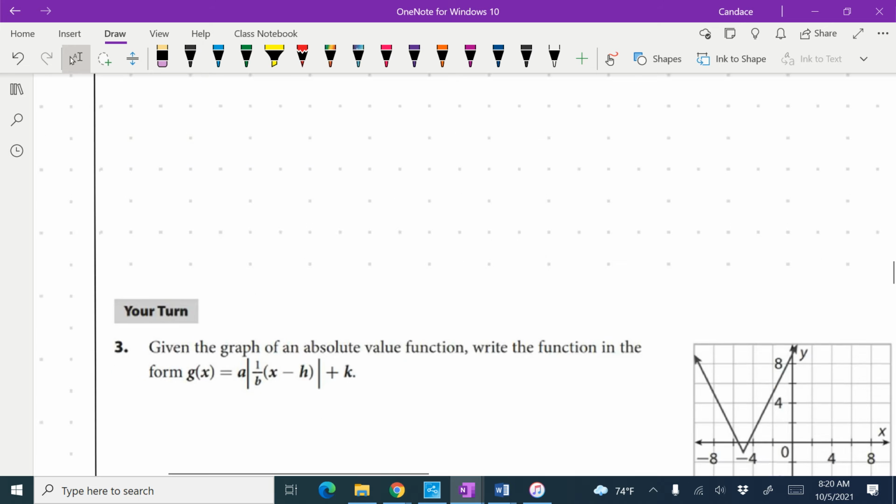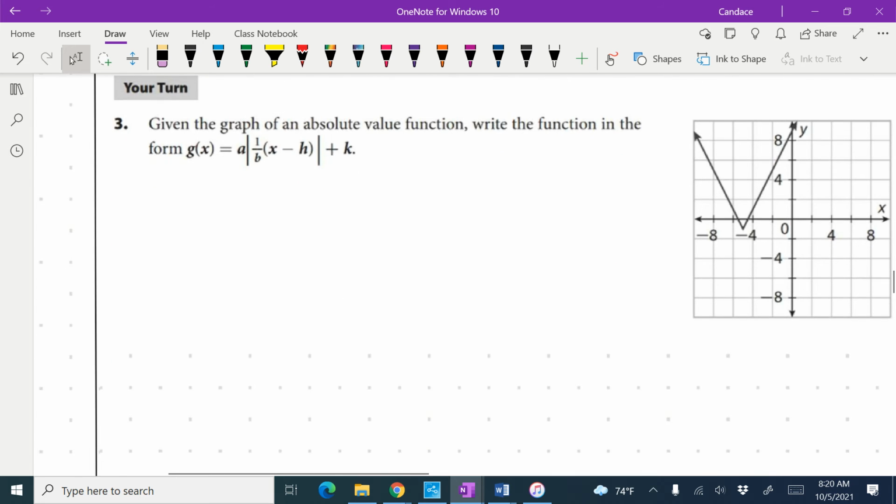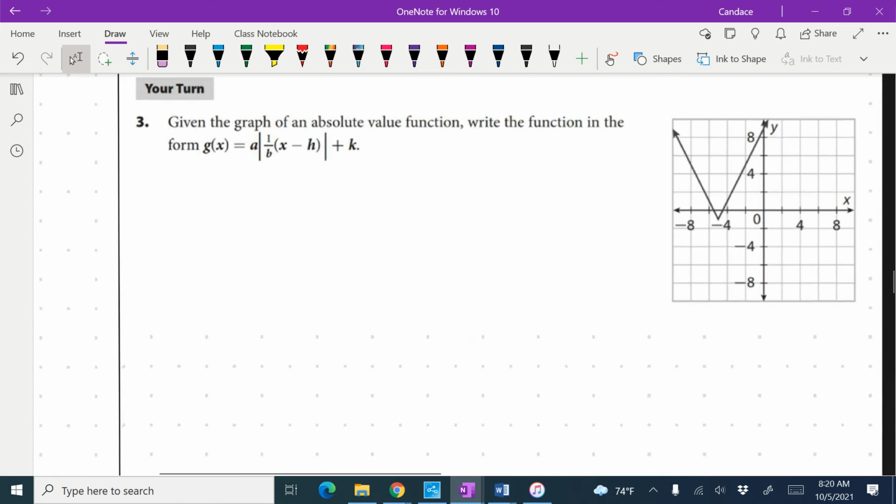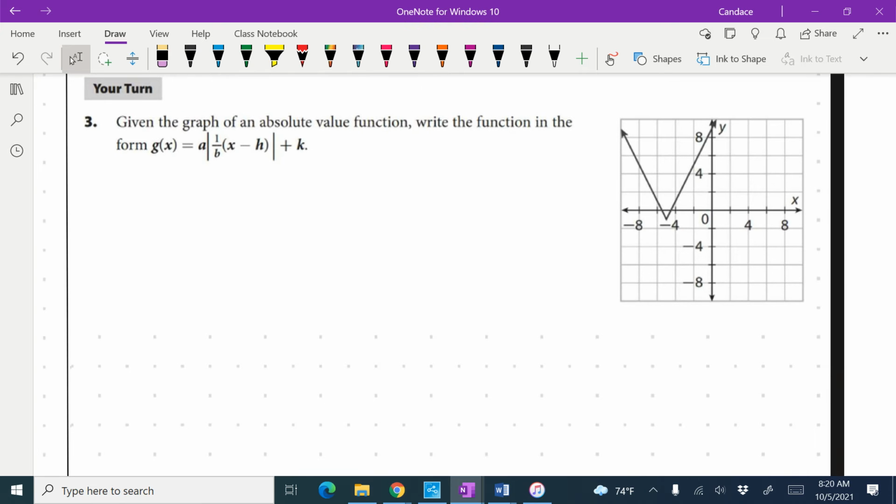All right. I want you to take a minute and try to write the equation of that graph. So everybody try it right now.